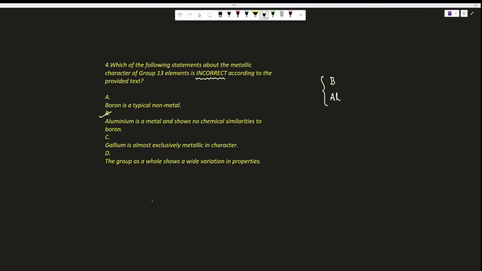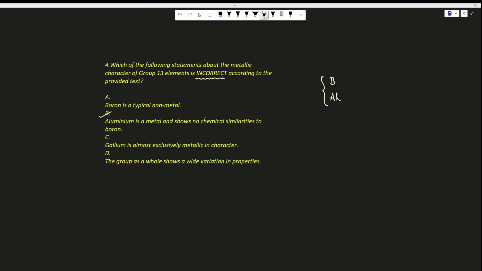Yes, as you move down the group, metallic nature will increase. The group as a whole shows a wide variation in properties. Yes, if we consider all the properties like ionization energy, radius, physical properties, there is a wide variation. So all these other statements are correct.